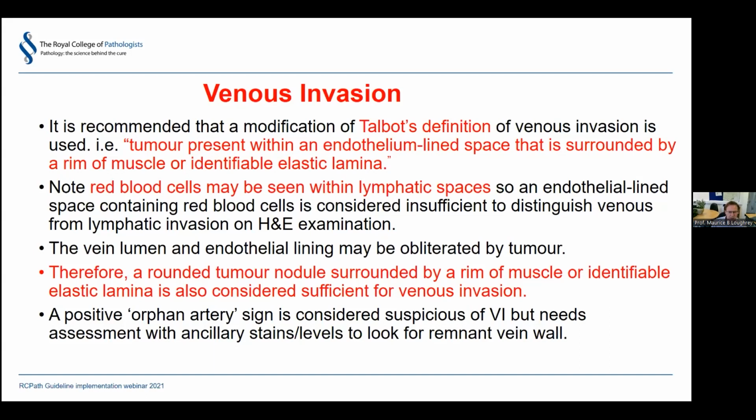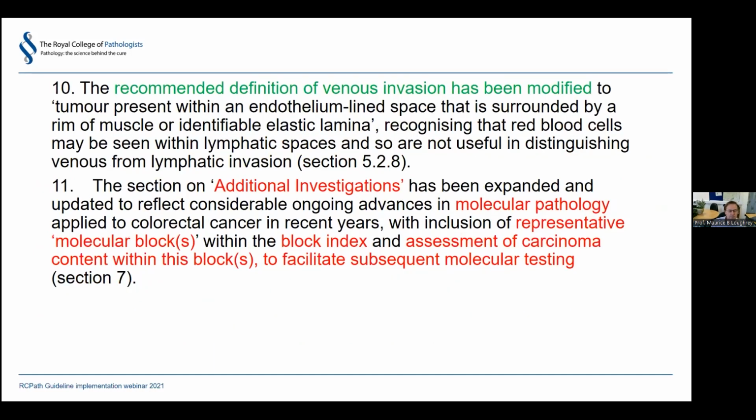This may, of course, need ancillary stains, but the important message is that, for example, if you see the orphan artery sign, that alone is not enough to call something venous invasion, but you should certainly chase that with deeper levels and ancillary stains, and then the judgment call becomes one of, do we see convincing features of a remnant vein wall or not? If we do, it's venous invasion. If not, we're into tumor deposit territory.